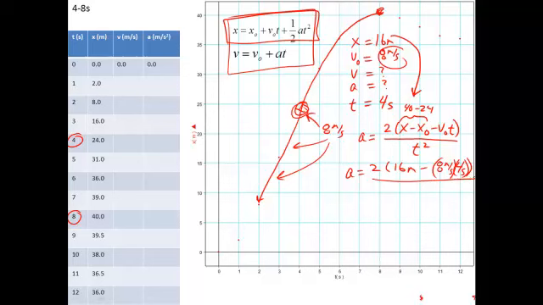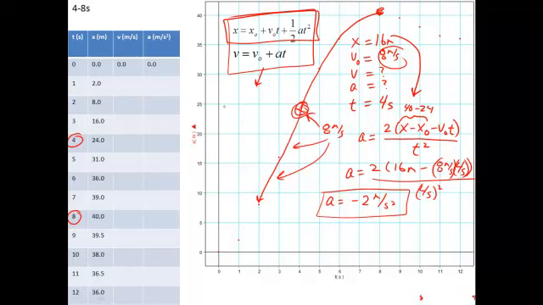And I'm going to divide that by the time of 4 seconds squared. I get an answer of negative 2 meters per second squared for that section from 4 to 8 seconds. So that's my acceleration.